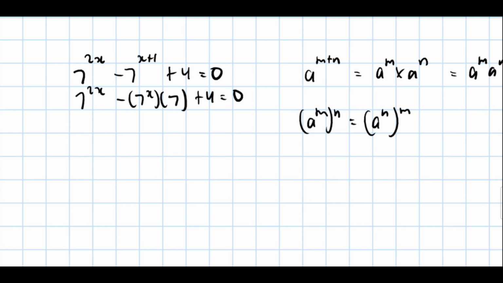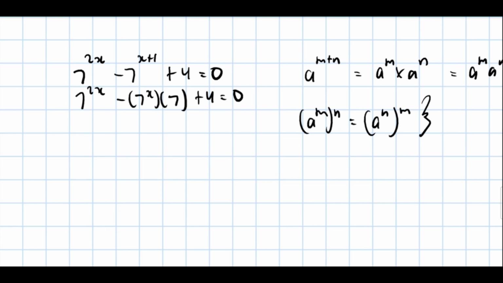But anyway, the reason why I'm showing this is because before we replace with a dummy variable, I would like to have equal terms. Let's say a to the power of x, I'll replace it with y. So each a to the power of x will be replaced with y, but in this case my first term, 7 to the power of 2x, is not equivalent to the second term, 7 to the power of x.